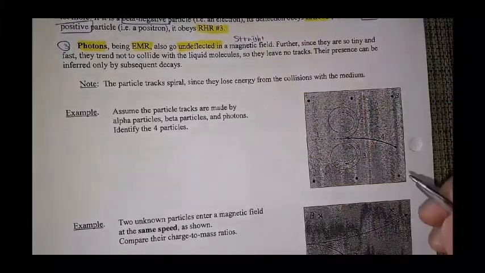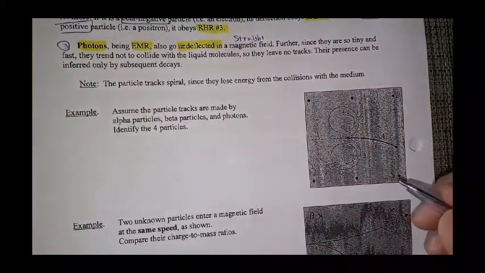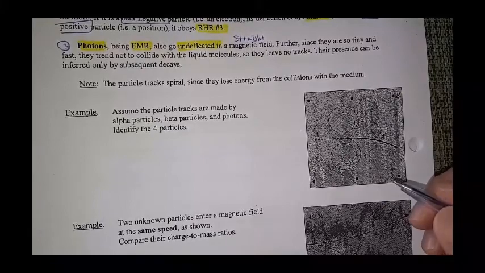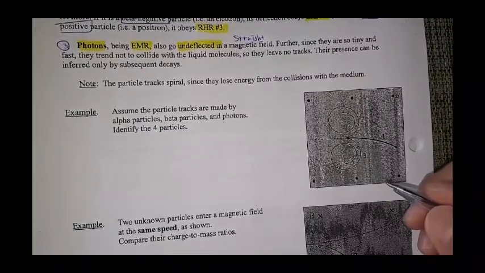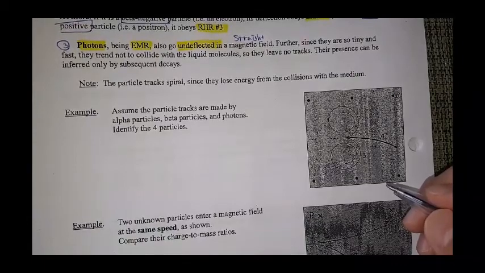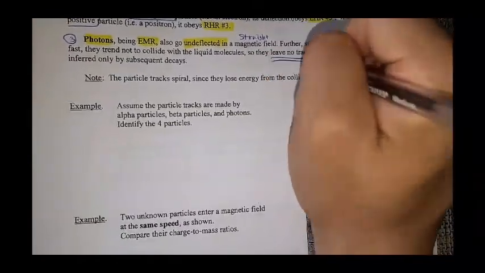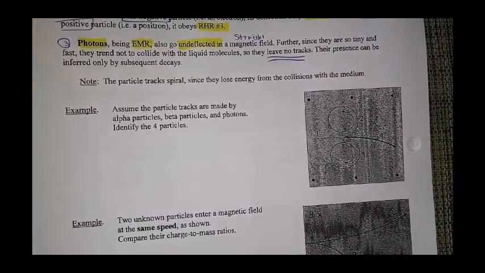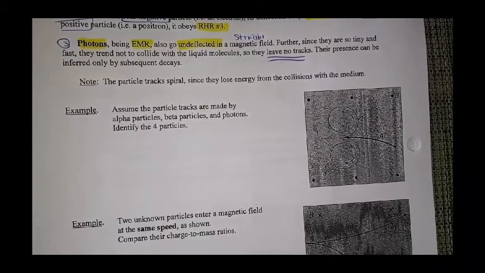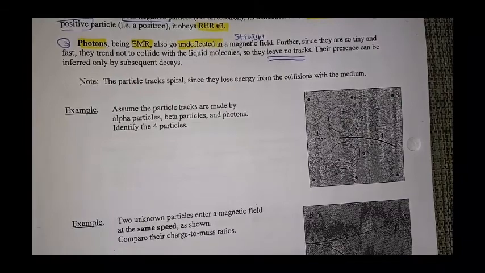And in the particle track chamber, which is a bunch of bubbles, if you will, they're so tiny and fast, they tend to not collide with any type of liquid molecule inside of the chamber. So most commonly, you may see no track at all. And their presence can be inferred only by a sequence of decay or any type of detector on the other side.